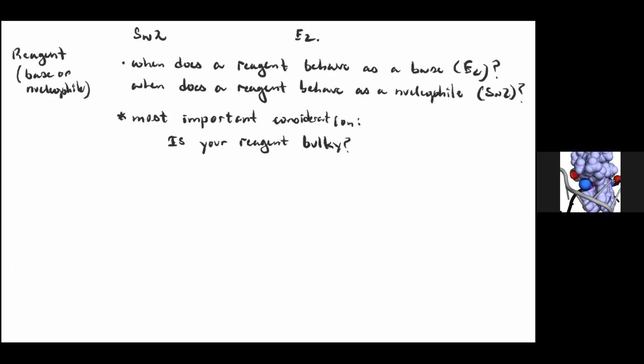Okay, and so, for example, tert-butoxide. Okay, this is very bulky, and because the reagent is very bulky, it has a hard time getting into carbon.